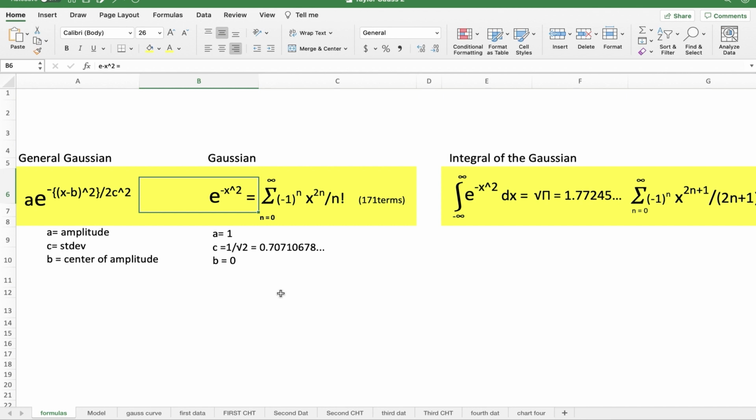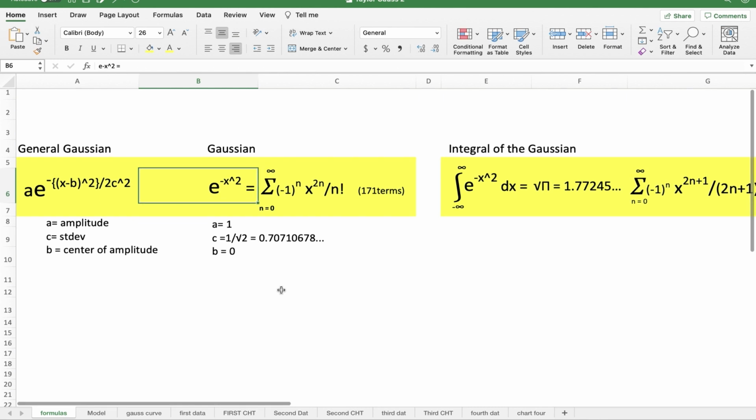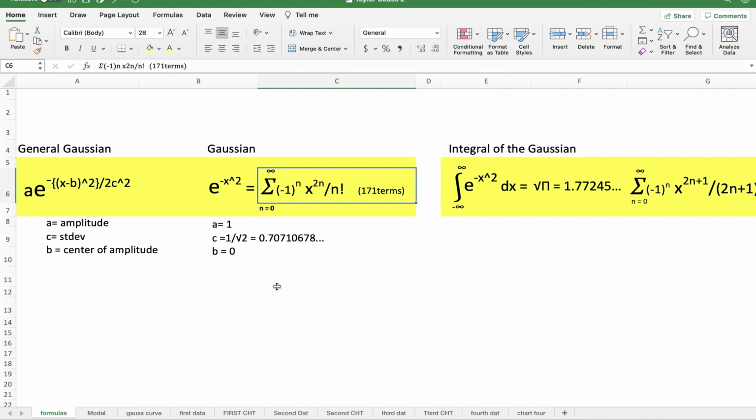And we discussed at least the strategy of how to obtain the equivalent of the Gaussian curve in a polynomial function, an infinite series. This is a Taylor series. And in the problem, we at least hinted at, gave the strategy of how to obtain this particular Gaussian.